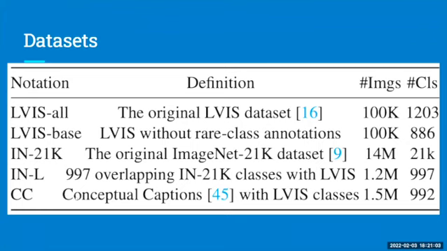Conceptual captions is an image captioning dataset that contains about 3 million images. They extract image labels from the captions using exact text matching and keep images whose captions mention at least one LVIS class. There are also a couple more datasets used for evaluation purposes, and I will talk about them when we get to that.